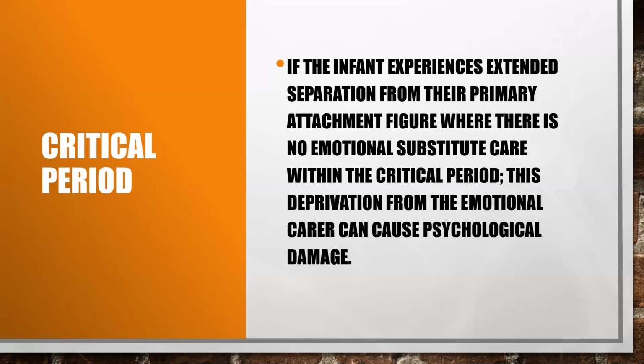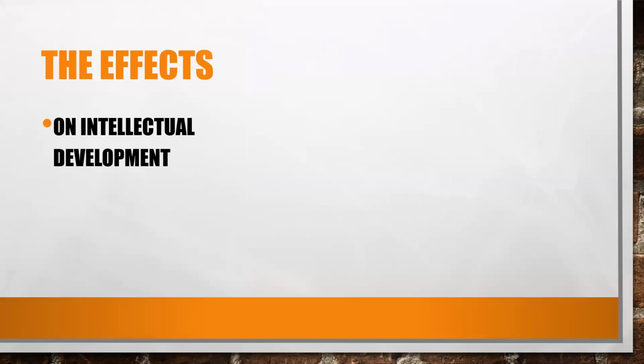So the loss of that attachment that's getting made within that critical period is going to have an adverse effect on that child's emotional development. So there are key facts surrounding this.